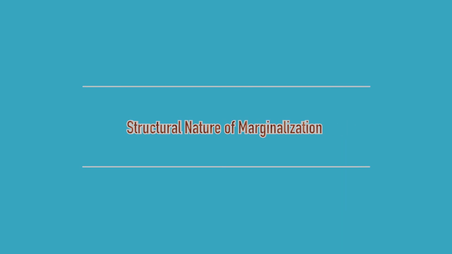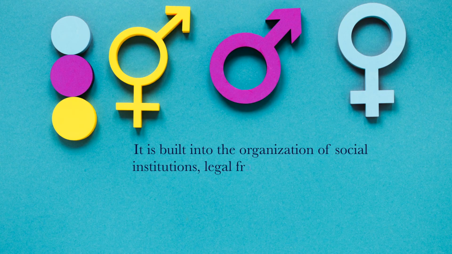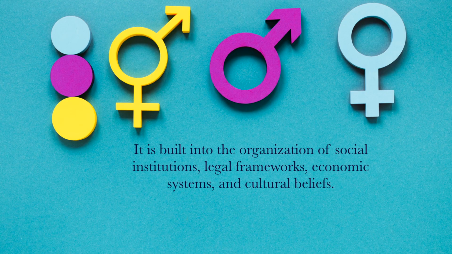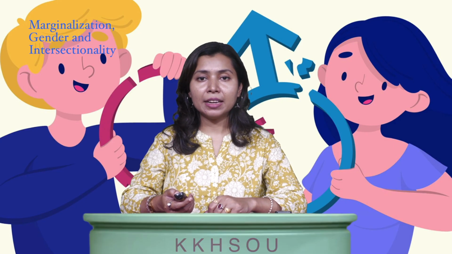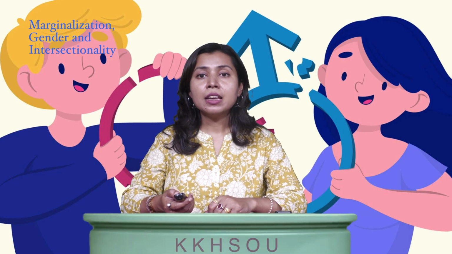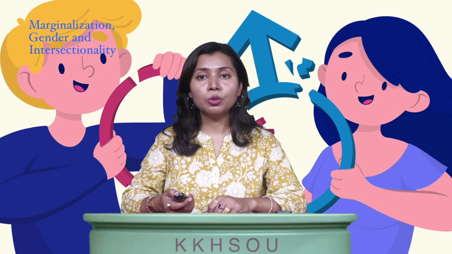Now let us have a look at the structural nature of marginalization. Critically, marginalization is structural rather than merely individual. It is built into the organization of social institutions, legal frameworks, economic systems, and cultural beliefs. This structural character means that marginalization persists even without conscious discriminatory intent by individuals.